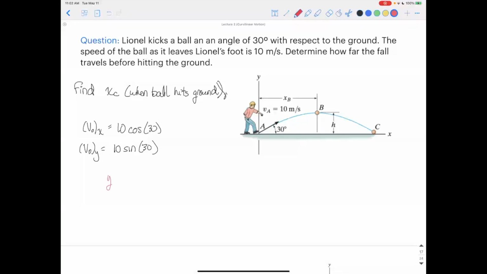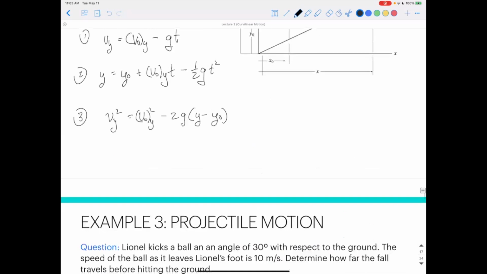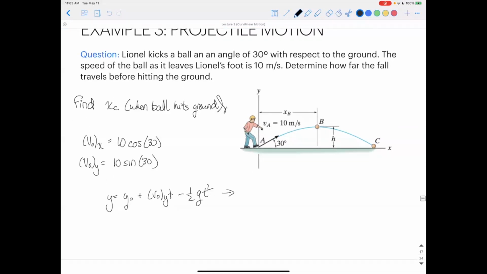We can write our equation for y: y is equal to y0 plus v0y t minus 1/2 g t squared. Here y0 is equal to 0, and y is also going to be equal to 0 because we're just assuming that this is 0.